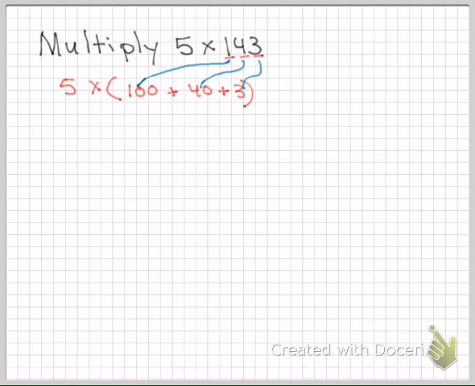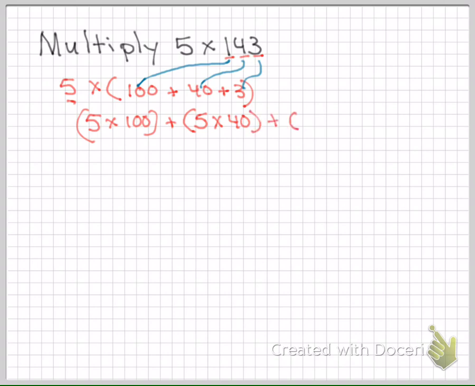Now let's take it one step further and actually do some of the multiplication. Let's distribute the 5. We have 5 times 100. See where the 100 came from? Bring down the plus sign. Now we have a new one. We want to multiply the 5 times the 40.